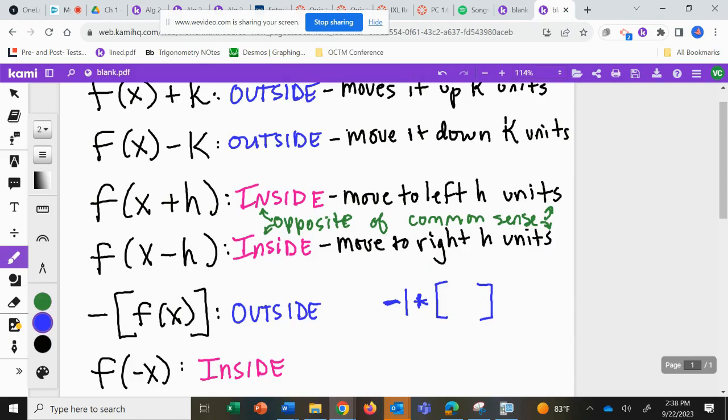I could write it on the board, but then the video wouldn't save it. If I do -1 times x squared, and actually multiply those together, Jackson, do you know what -1 times x squared is?